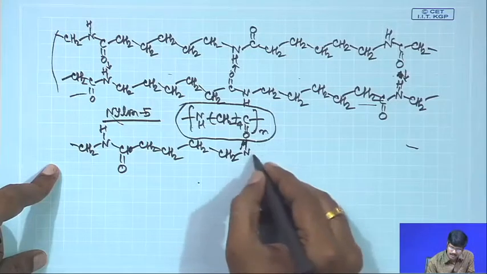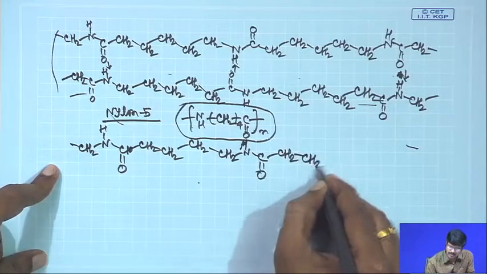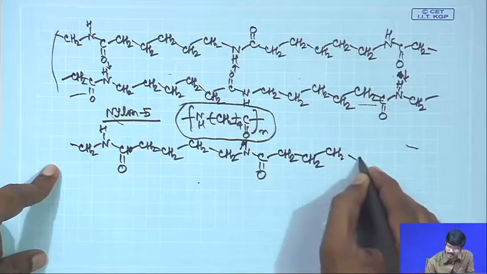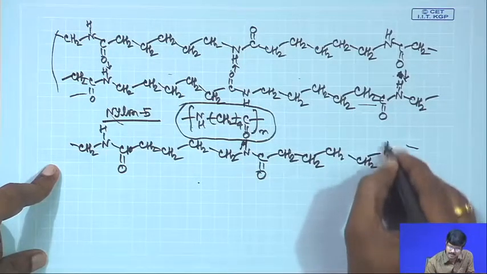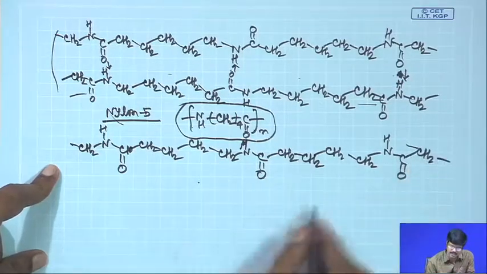I am just drawing the chain. So, NH, and then again you have a CO, and you have 4 CH2 units after. You have to draw one chain, and then the next chain you can draw parallel to it. So, I am now going to draw two parallel chains again.